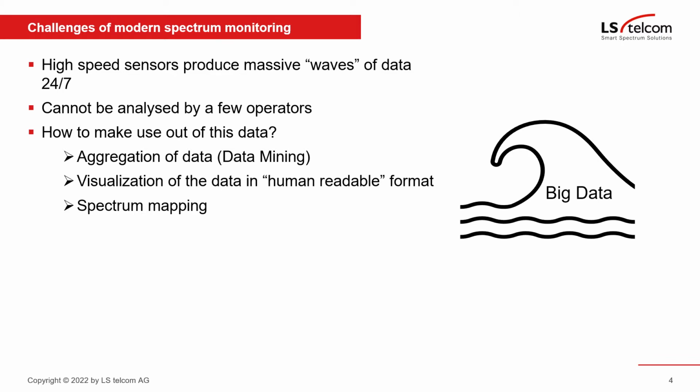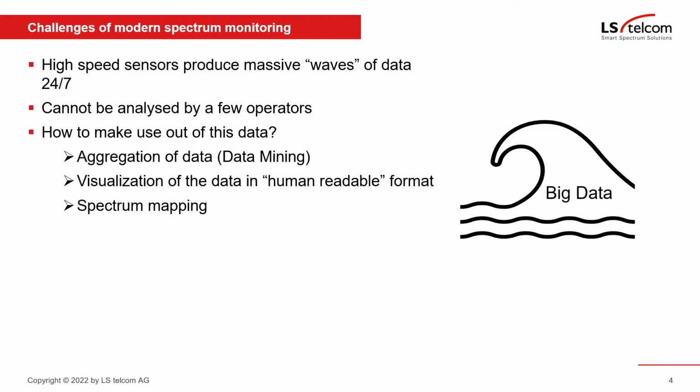Those high-speed sensors produce really massive waves of data, permanently, 24/7. This amount of data, really big data, cannot be analyzed by a few human operators. It can only be analyzed by machines.